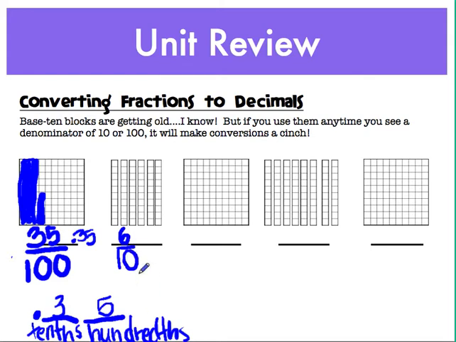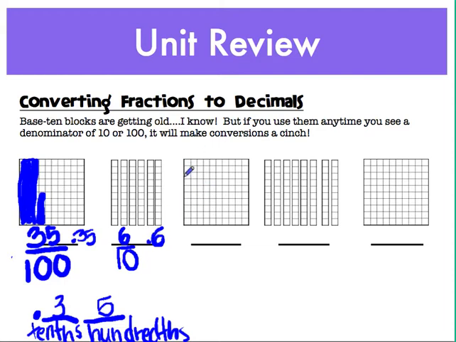Now, in place value, we learned that any number over 10 means that it is a tenth, like we would say 6 tenths. So, in the decimal place, it's going to come in the tenths place, right like that. 6 tenths. Decimal 6. Now you can put a 0 before. That's fine. The 0 doesn't mean anything there.